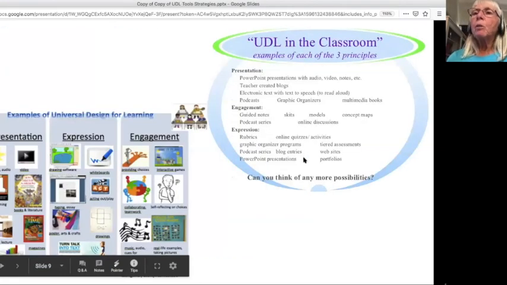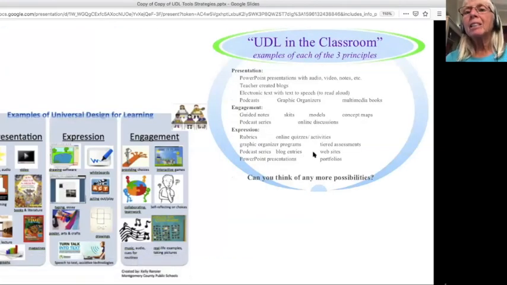All right, so how would UDL look in the classroom? Now, this is a physical classroom, so a lot of these we're going to have to work on adapting for remote. Some of them are a little dated, but that doesn't mean they're not still very usable. Most of our programs are already working on all these pieces in the right-hand graphic, but I kind of like the left-hand one because it was all visual, and it gave me a way to show the student what this would look like.